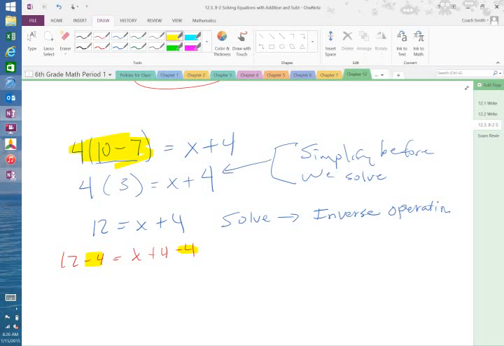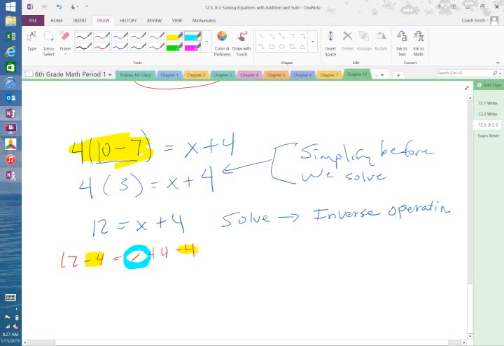Remember, we talked on Monday that when we're solving equations, we're trying to isolate the variable on the left or the right side of the equal sign. In this equation, it's on the right side, so we're trying to isolate that x right there.